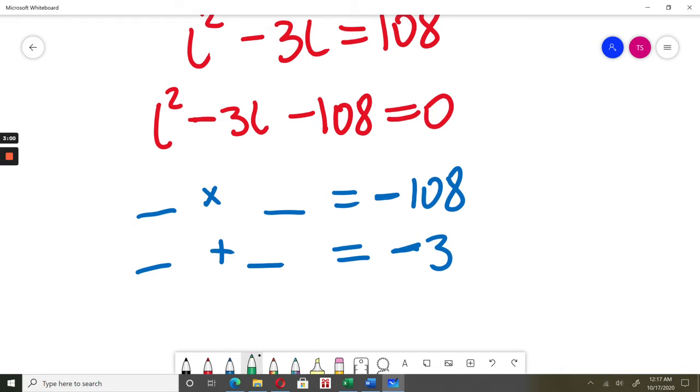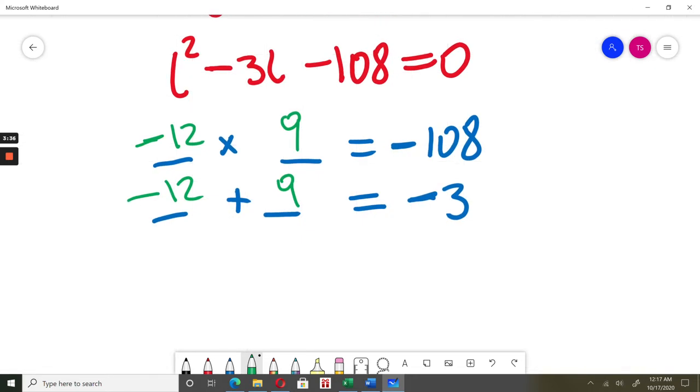So one of them is positive, one of them is negative, and they are apart by 3. So for example, 10 times 7 would be 70, not enough. 11 times 8, 88, not enough. 12 times 9, 108, and 9 plus 12 is 21, no. So 12 times 9 is 108, and negative 12 plus 9 would be negative 3.